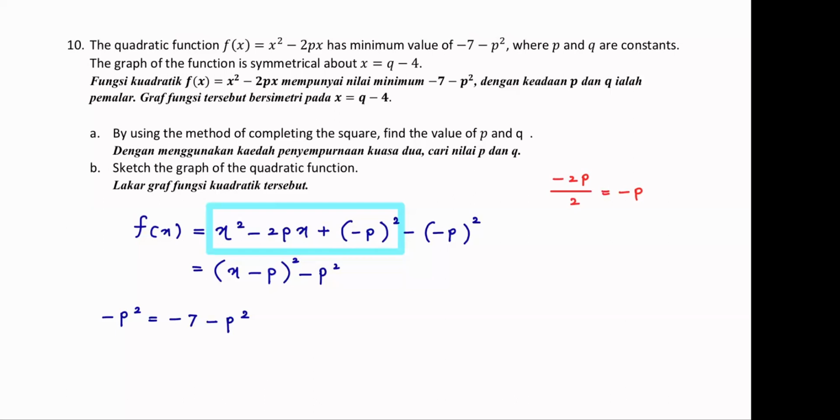I think I missed out here. P and Q, okay. So I take this one first. X minus P equals to 0. So your X value is already here. Ambil ini terus ganti dalam ni.